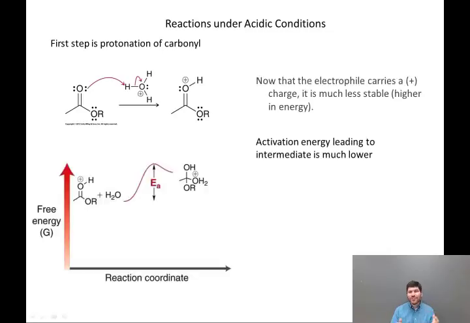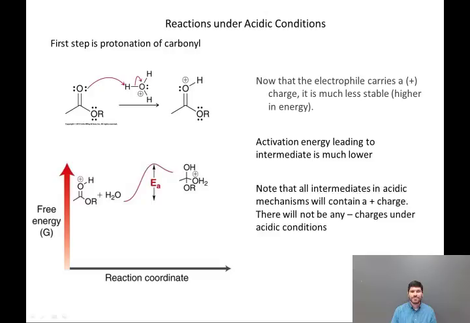Now the electrophile carries a positive charge, and because it is positively charged, it is much less stable, so it is higher in energy. Here's an energy diagram showing that the activation energy leading from the positively charged ester to the tetrahedral intermediate is much lower because the positively charged ester starts at a higher energy level.